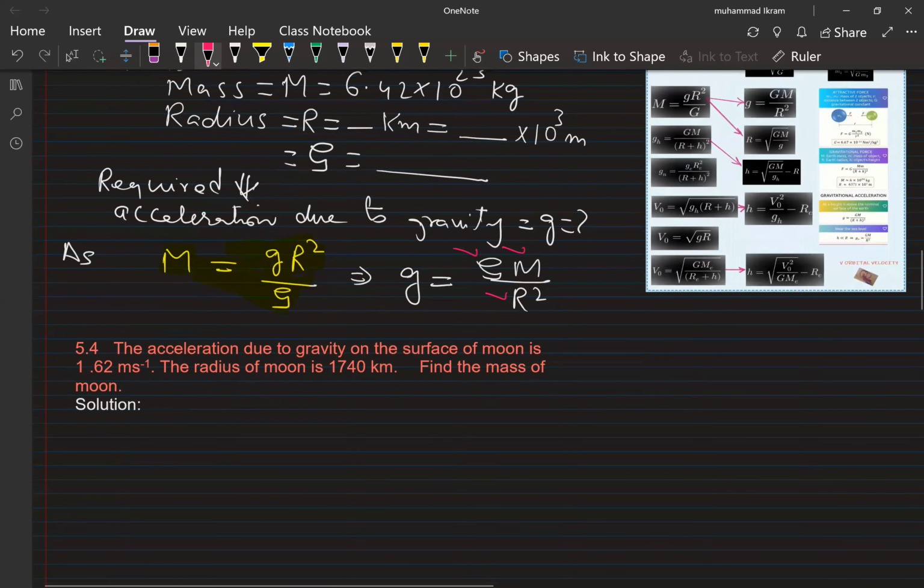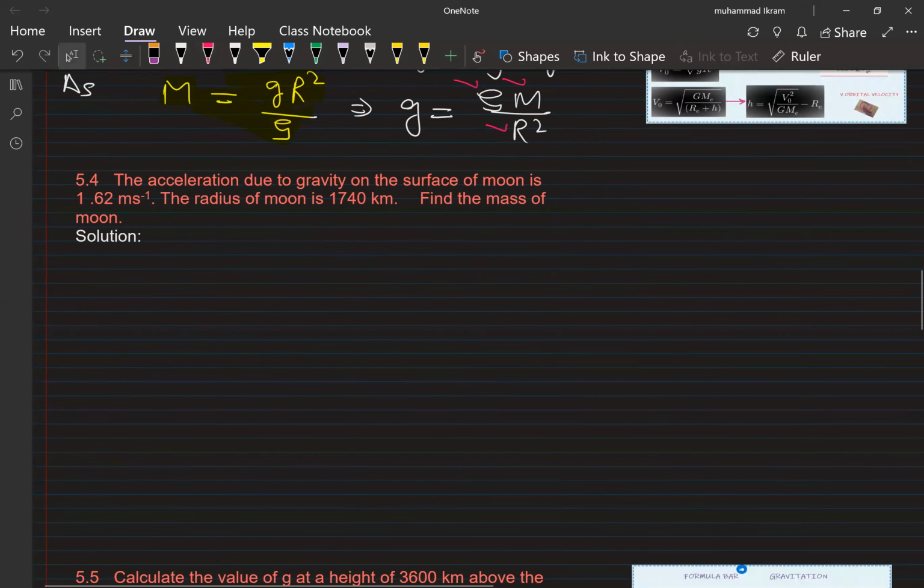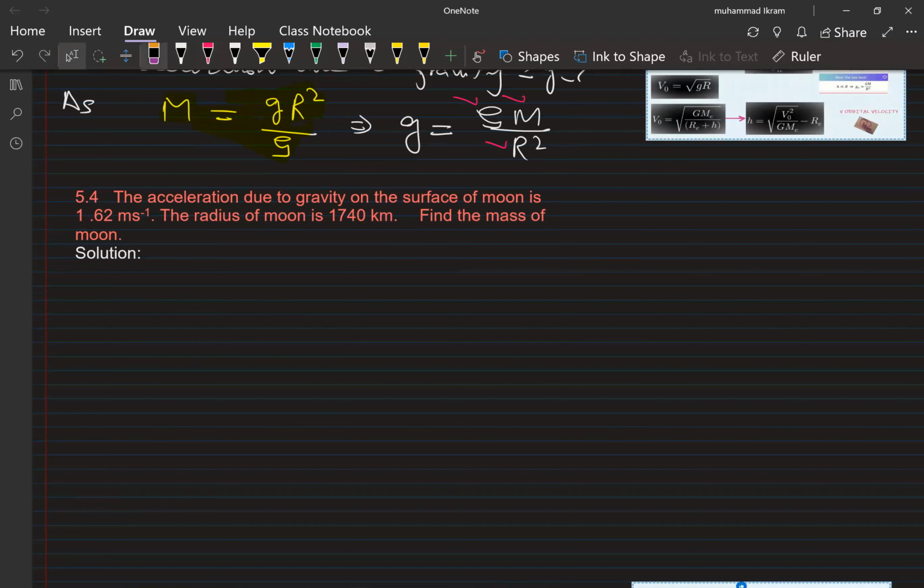Okay, the next one. Now, I did not include any formula in this one. The acceleration due to gravity on the surface of the moon is here in the list of the givens. So what are your givens? In the givens, you have the acceleration due to gravity.